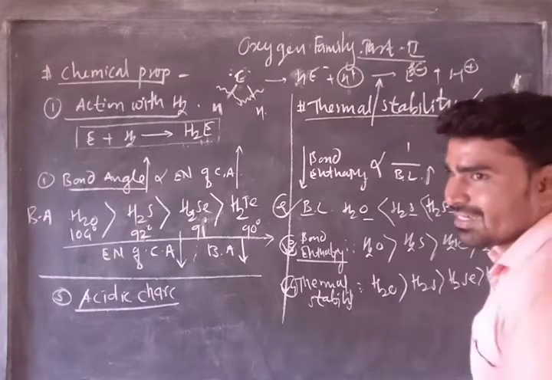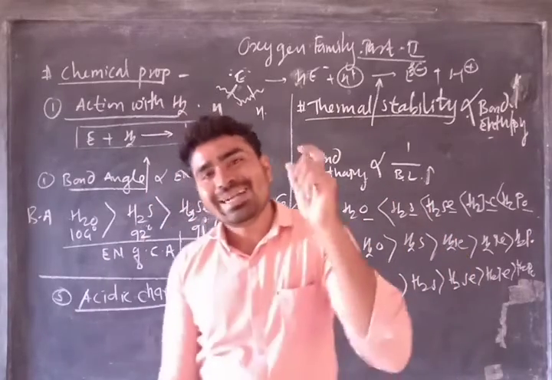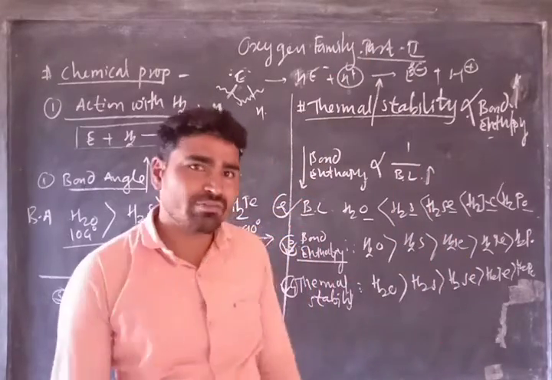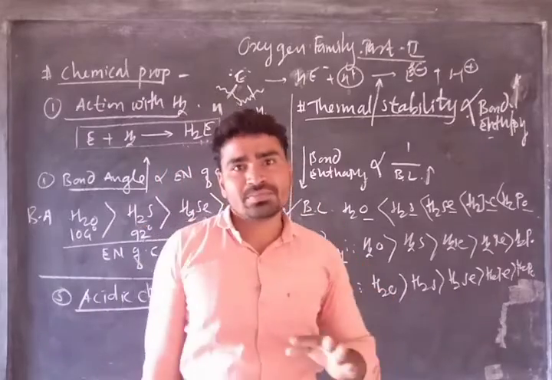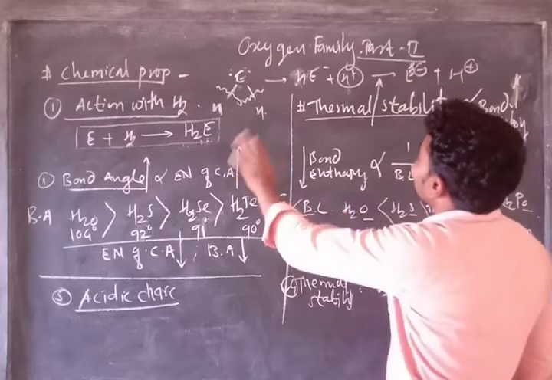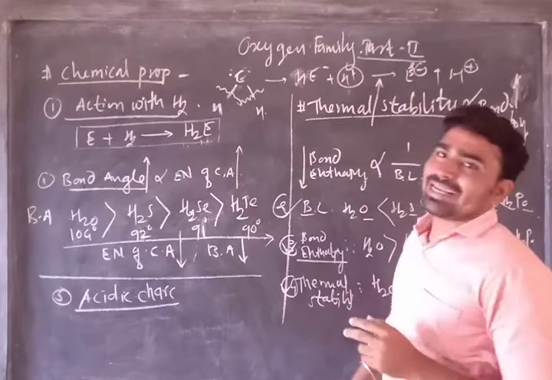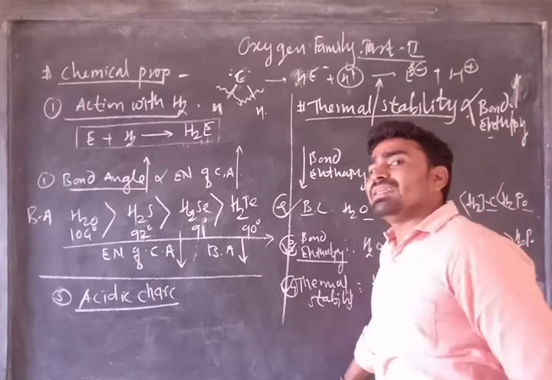Oxygen will form the oxide ion, that is O2 minus. Sulfur will form the sulfide ion, that is S2 minus, with the liberation of 2 H plus. So these hydrides have a tendency to lose 2 H plus, that is, they are actually dibasic acids.